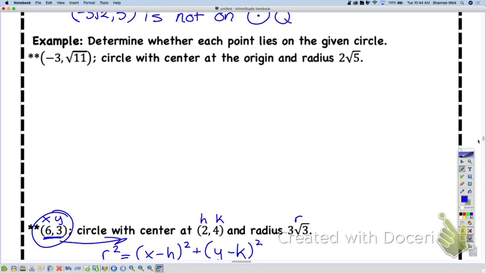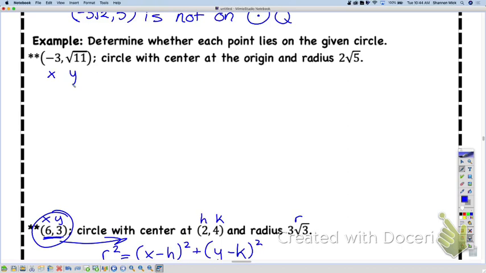Okay, so I'm hoping this one is. How about you guys? Okay, so I have the point. What's my point? 3, negative 3 square root 11. Right here's my point, so this is x, y.